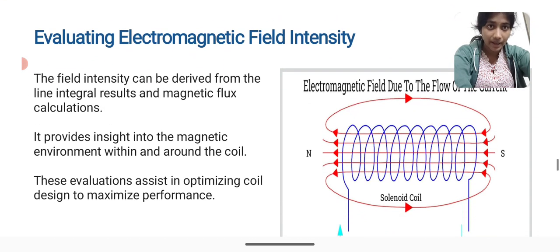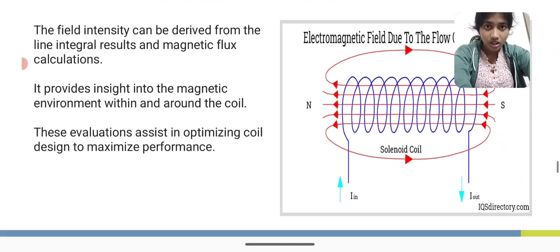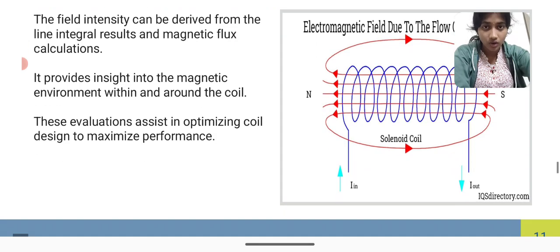Evaluating electromagnetic field intensity. The field intensity can be derived from the line integral results and magnetic flux calculations. It provides insights into the magnetic environment within and around the coil.